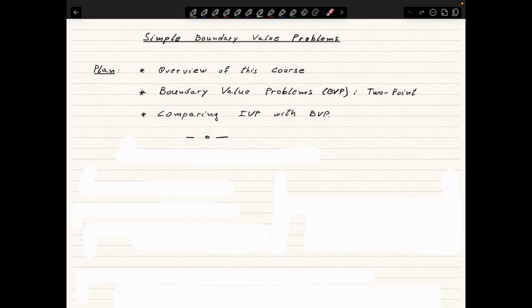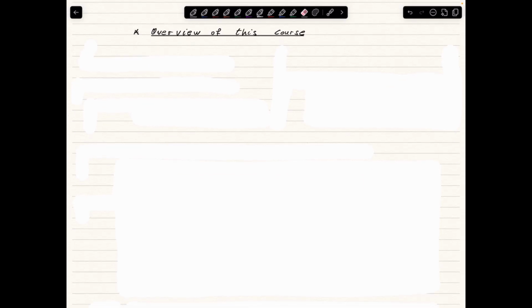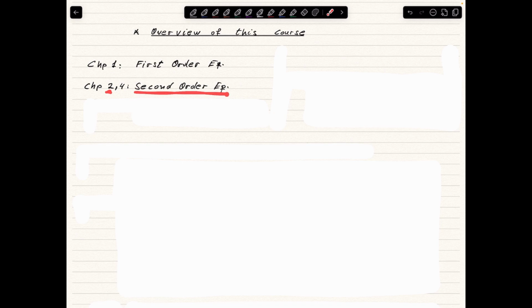Let's start with an overview of the materials covered in this course so far. We started in chapter 1 studying first order differential equations. Then in chapter 2 we moved to second order differential equations, and we learned how to solve it in one way in chapter 2 and using the Laplace transform method in chapter 4.